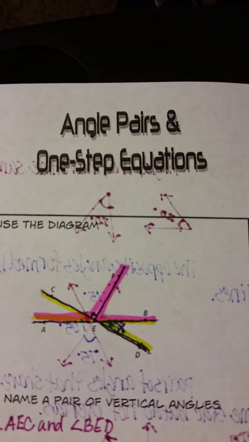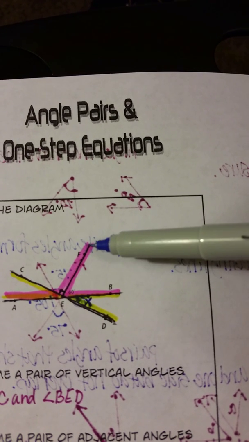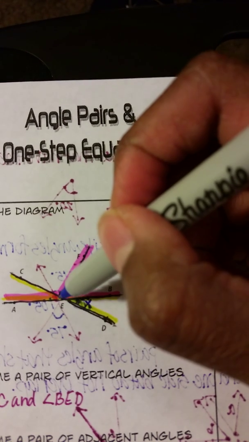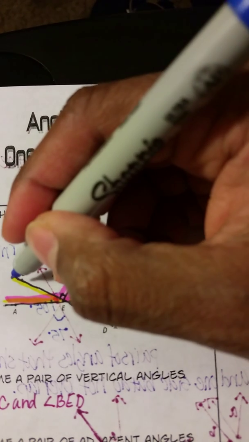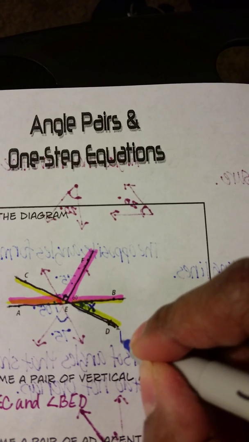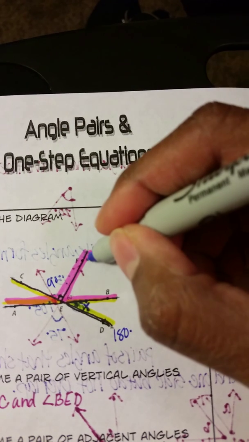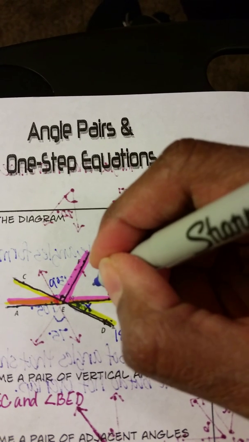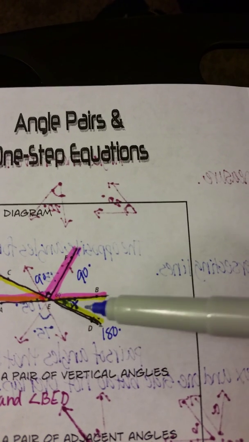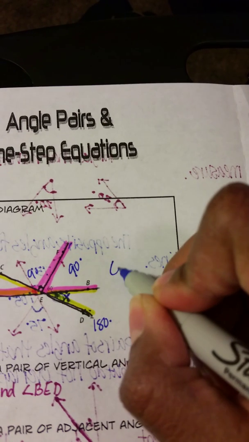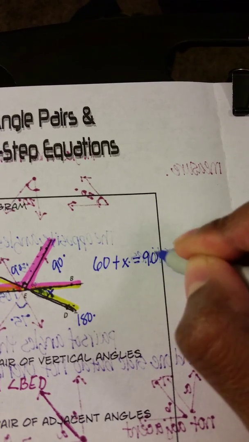Before we move on, we're going to solve for X here. This is where the one-step equation comes in. We know that this angle right here is 90 degrees, and this is a straight line, which is 180 degrees. If this is 90 degrees here, then these two angles here would have to add up to 90 degrees. So I can write an equation: 60 plus X equals 90.